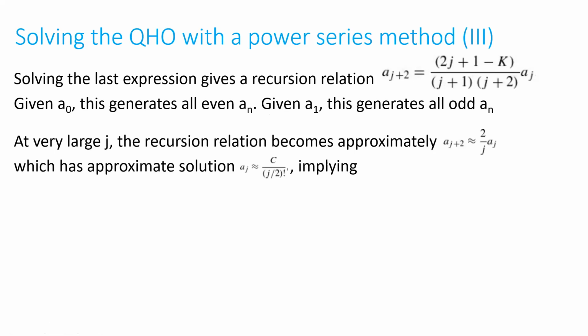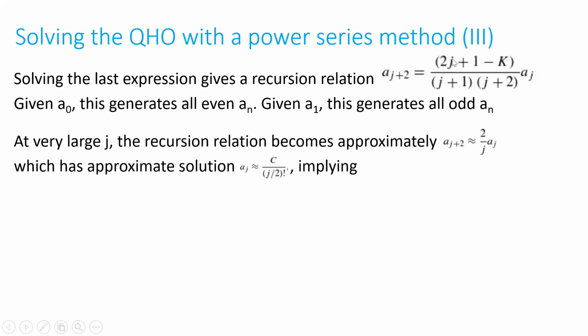Okay, so here's where the important argument comes in that allows us to solve this and get quantization, that is, particular values of the energy. So at very large j, the recursion relation becomes approximately a_{j+2} is 2 over j times a_j. Okay, so to see that, if j is very large, we can ignore the plus 1 minus k.